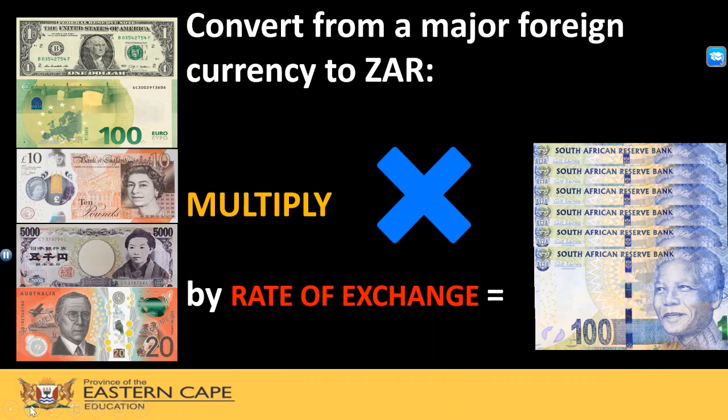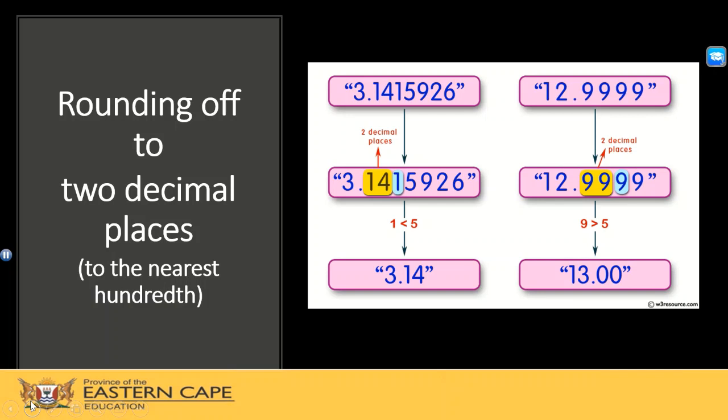Now, I'm sure up until this stage you must have met with rounding off on numerous occasions, but I'm going to refresh your memories, and we're going to take a look at rounding off to 2 decimal places, otherwise known as rounding off to the nearest hundredth. Take a look at the screen in front of you.